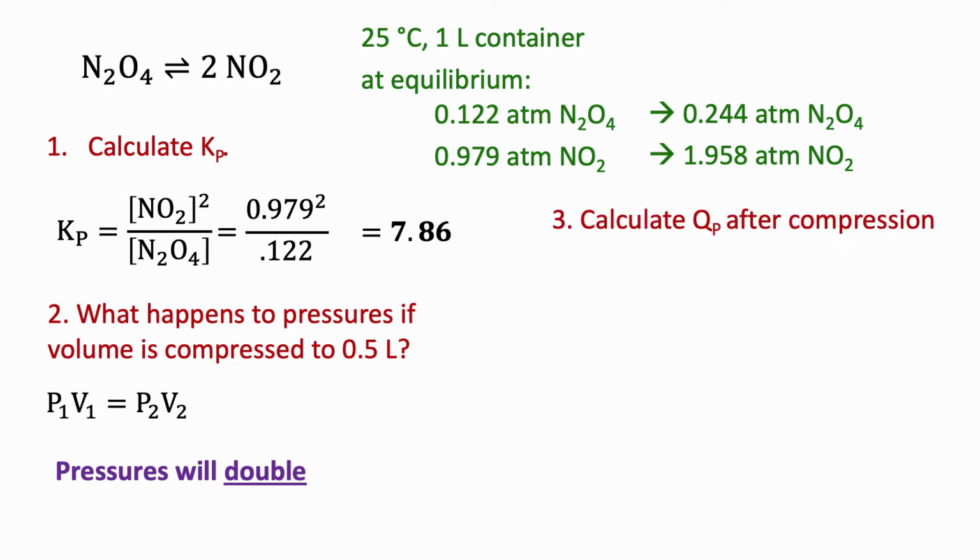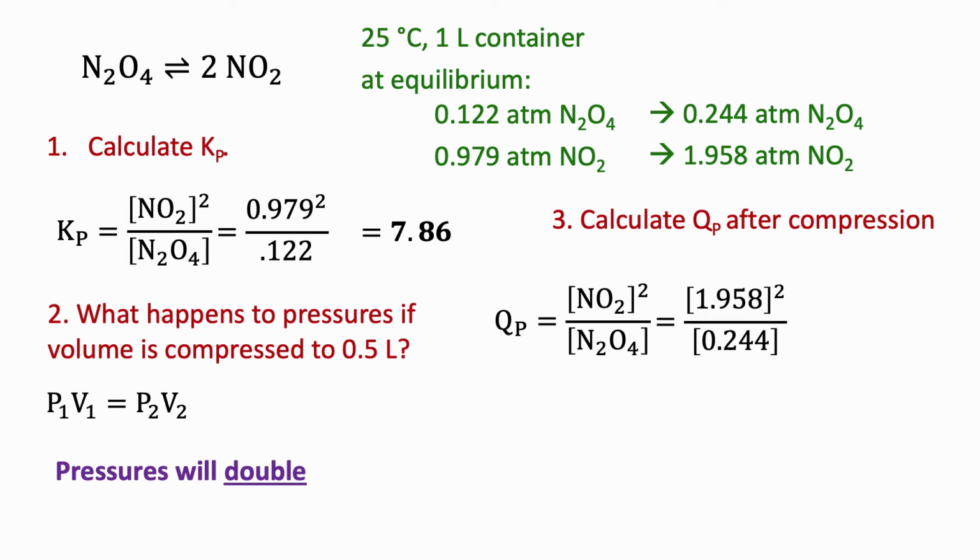What does our reaction quotient look like after we compress the gases then? Well, we can go ahead and plug those in again, pretend that's partial pressure there, and we get a different calculation, and we end up with 15.7 for our reaction quotient. So if you look at that, that is larger than our equilibrium constant, which means it's going to want to go back towards reactants.